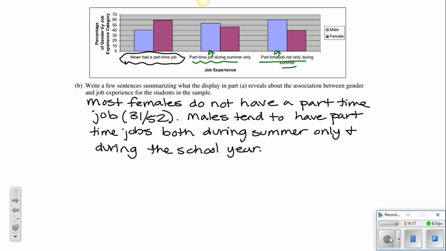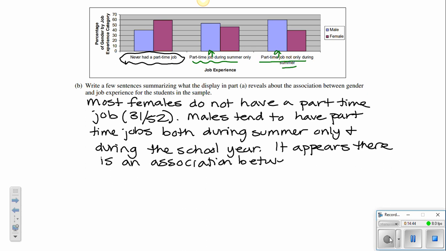Well, it seems here from what we've graphed and what we described is that females don't really have a part-time job while males do. And we can kind of almost say it appears there is an association between the two variables.